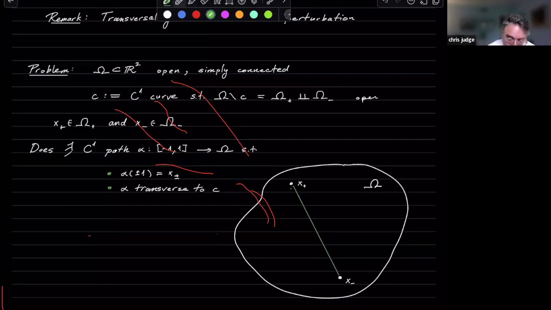Okay, but of course there's a problem with this because the curve C might actually do something like this. And so although it may be transverse here, it's not transverse there. And it's the nodal set of an eigenfunction. We don't know what the actual curve is. So how would you fix that?